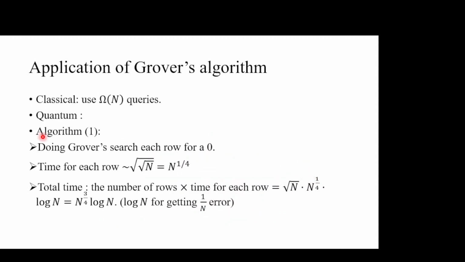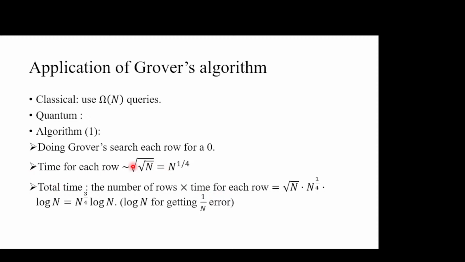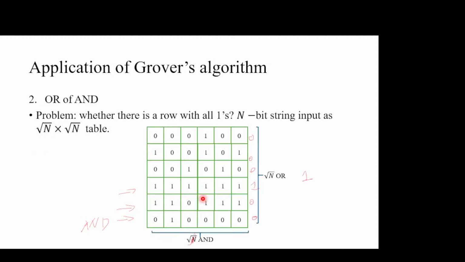The time you need on each row is N to the 1/4, because it's the square root of the number of items in the row, which is square root N. So each AND function needs N to the 1/4 time. Then the total time is square root N times this N to the 1/4, and you actually need another log factor because you want the error on each row to be pretty small.